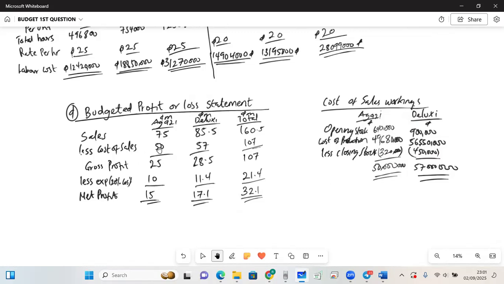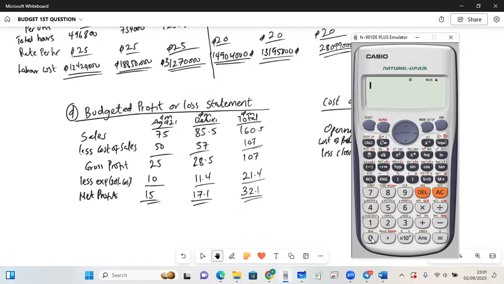Now 0.2 times 50 is 10. That's why you're having this 10 here. We do the same thing, 0.2 times 57, 11.4, the same thing here. You get it.